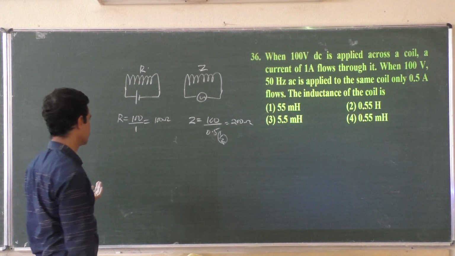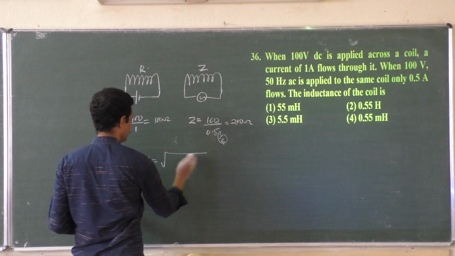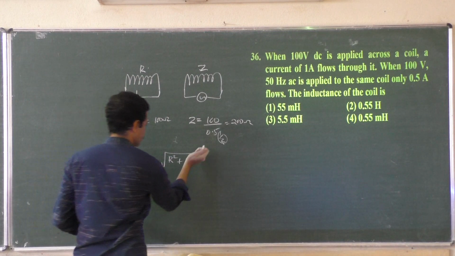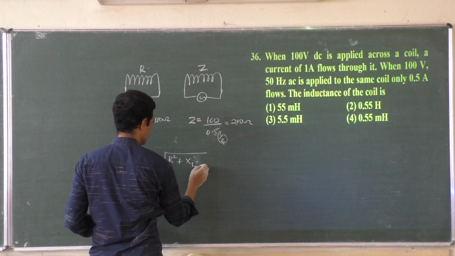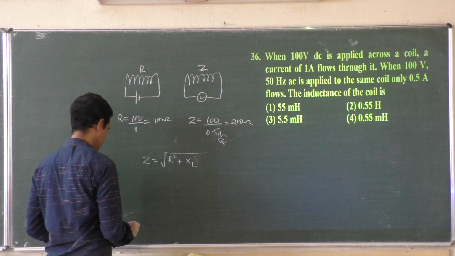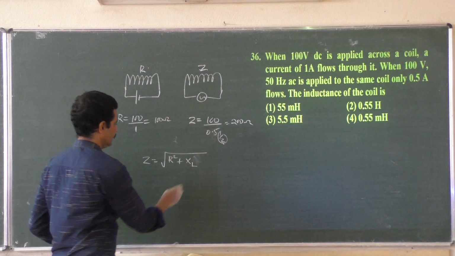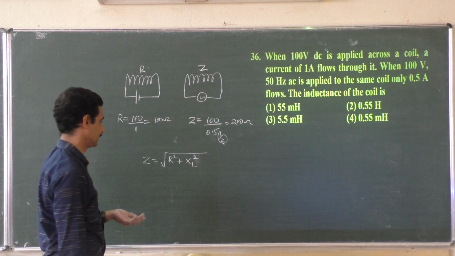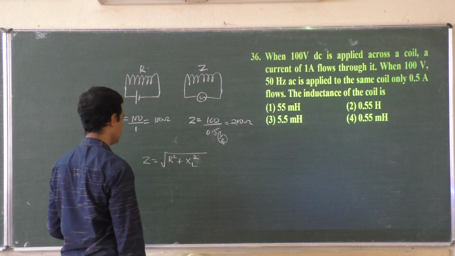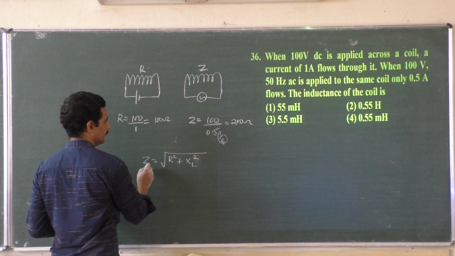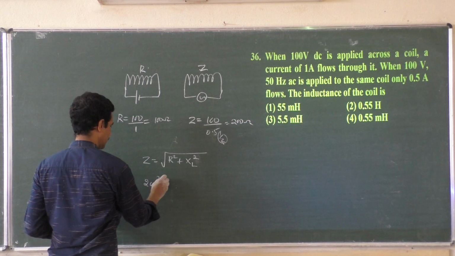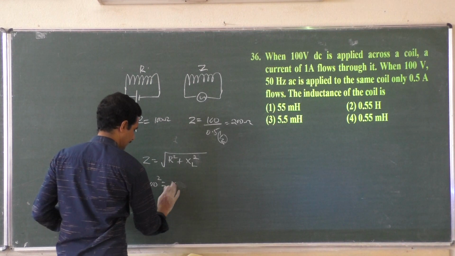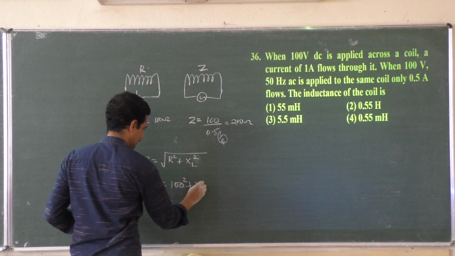Now what is the inductance? Z is equal to root of R square plus X square. That means root of R square plus XL square. There is no capacitive reactance, right? Now what is Z? Z is 200. I will square it. R square, 100 square, plus XL square.